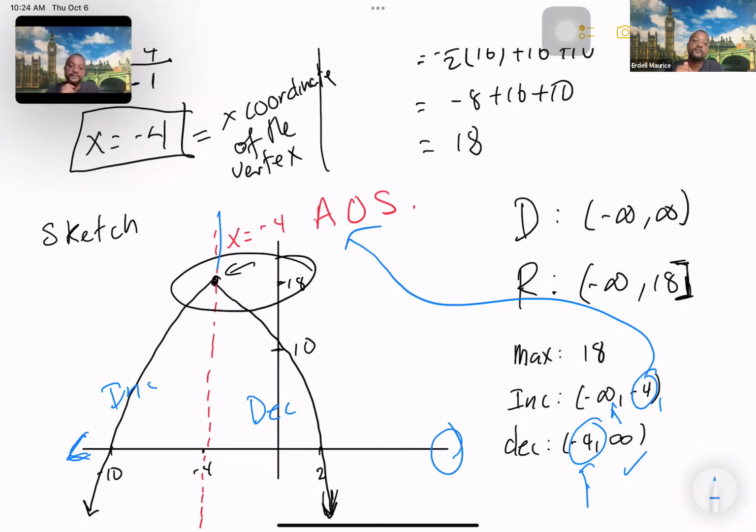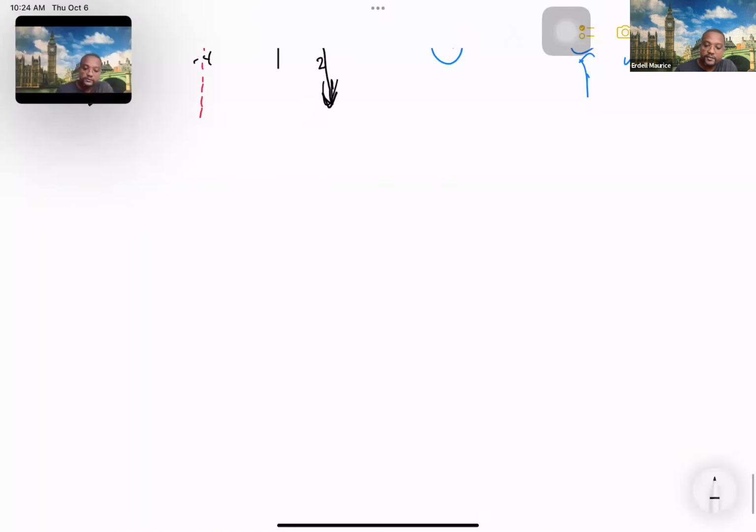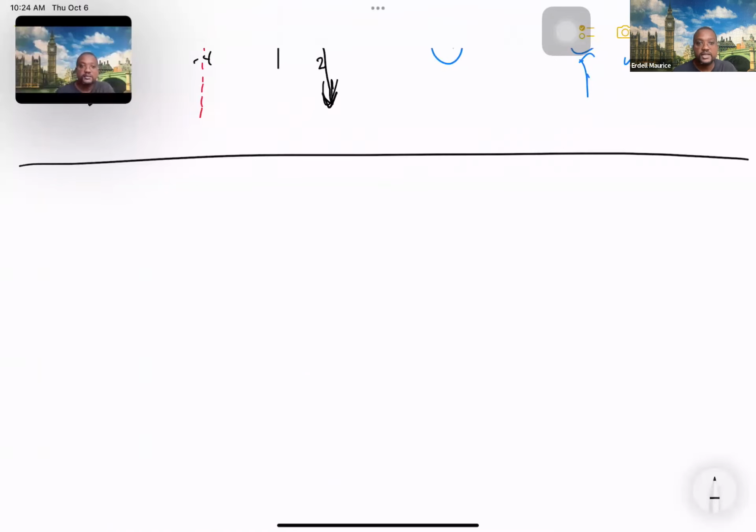All right, hearing none. The last thing that we ask about is solving inequalities. So it might be, for example, solve x squared plus 2x, when is this right here greater than or equal to 3?